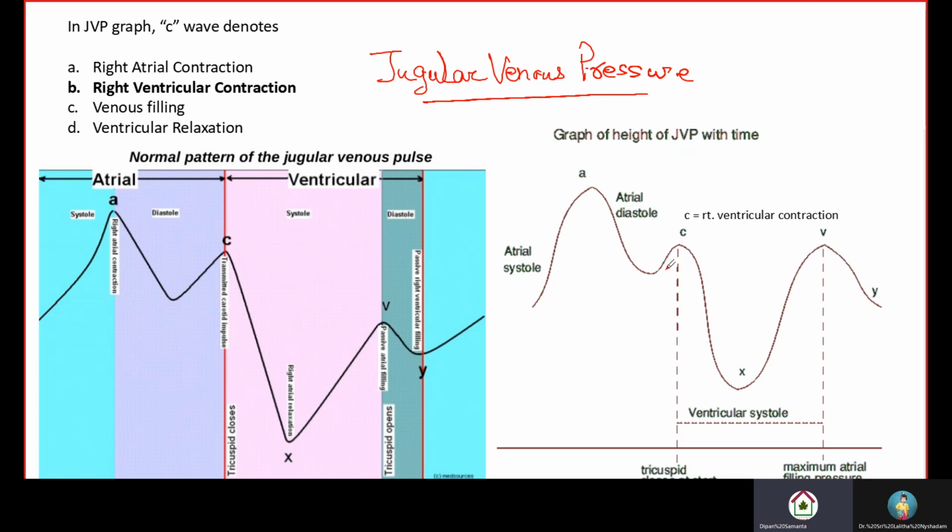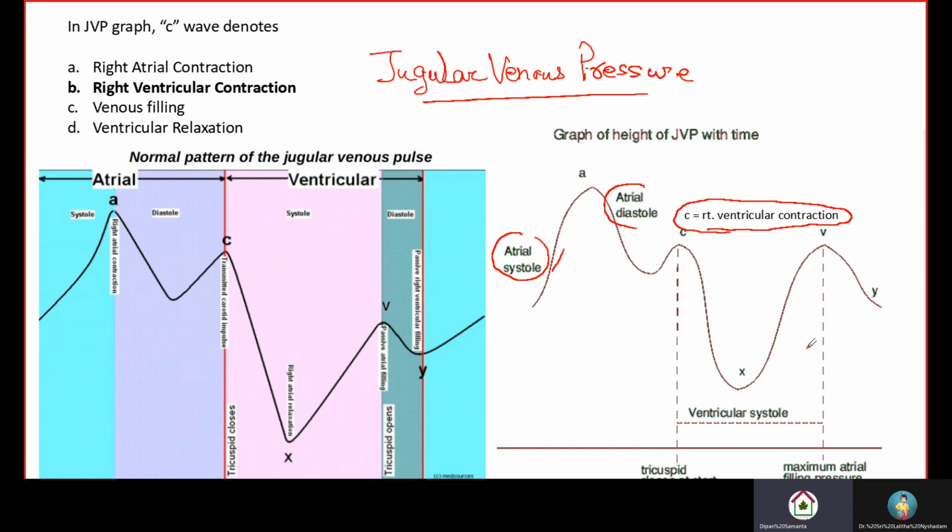So the graph is like this. This is A, during atrial systole. The graph will increase, that means pressure in the jugular vein will increase. Then when the atrium is relaxing, the pressure will come down. Then at C is the contraction of the right ventricle.